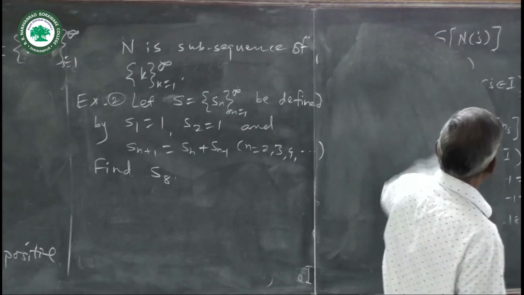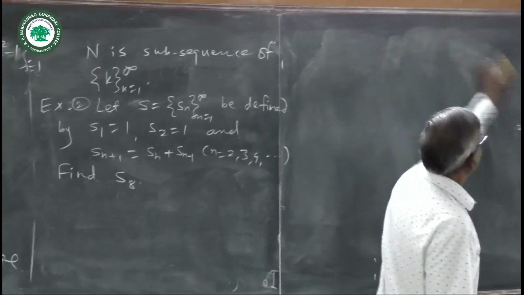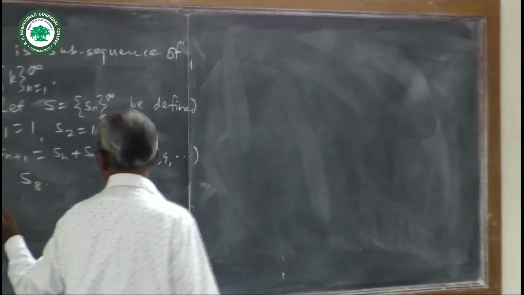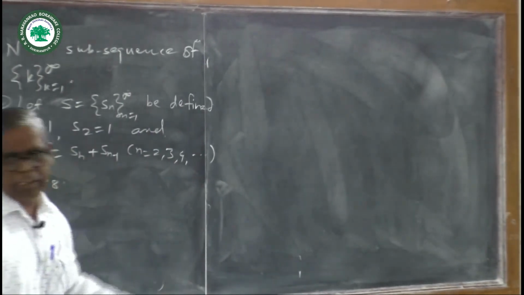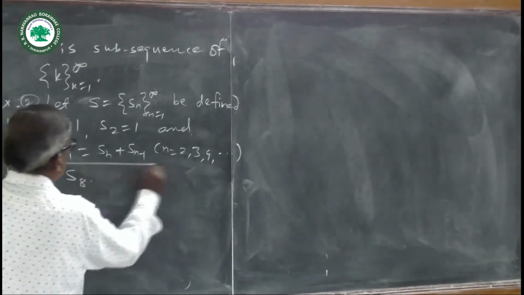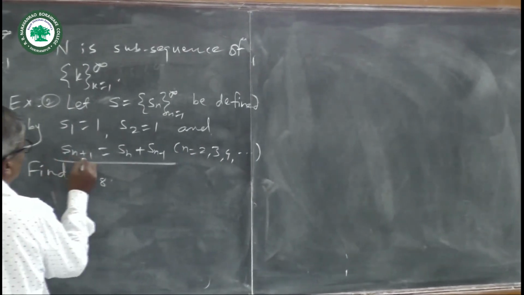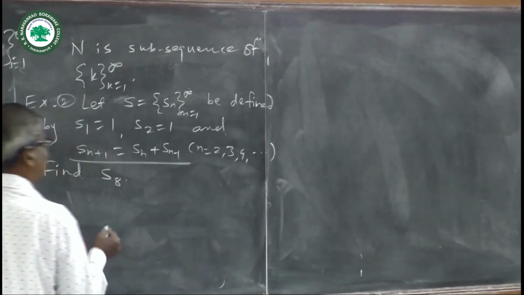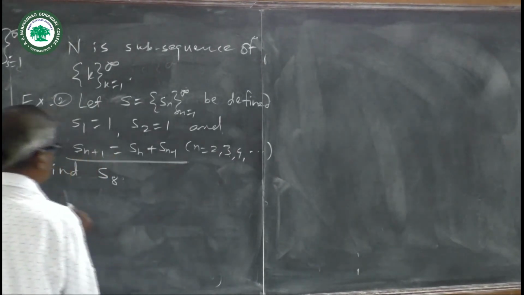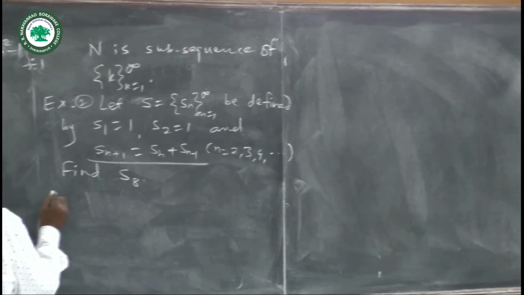First term S1 is equal to 1. Second term S2 is also equal to 1, and we have to calculate the 8th term, and for this we have been provided Sn plus 1 is equal to Sn plus Sn minus 1 for all n is equal to 2, 3, 4, and so on up to infinity.